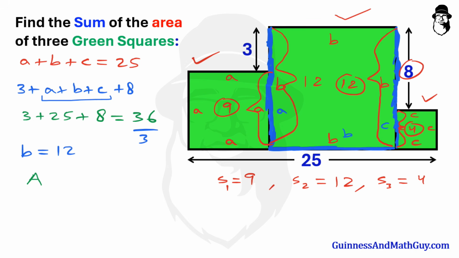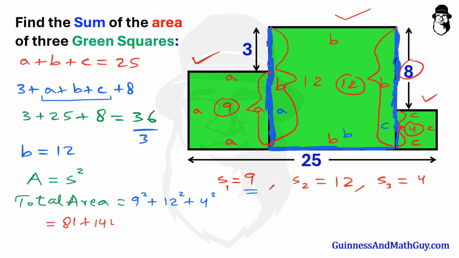And we know that the area of a square is S squared. So we have three squares, so the total area will be 9 squared plus 12 squared plus 4 squared, and that is equal to 81 plus 144 plus 16.